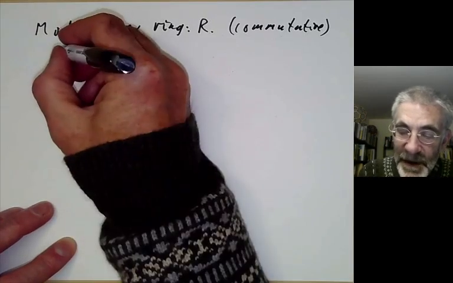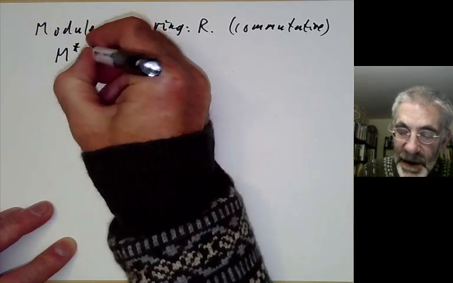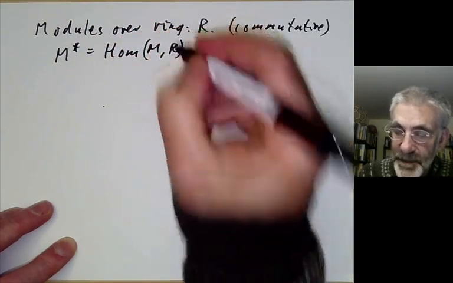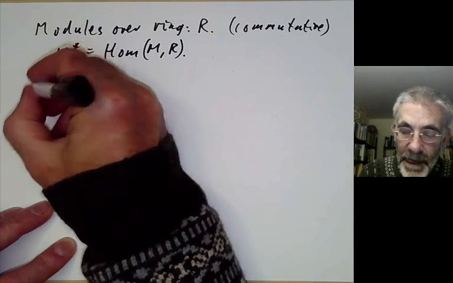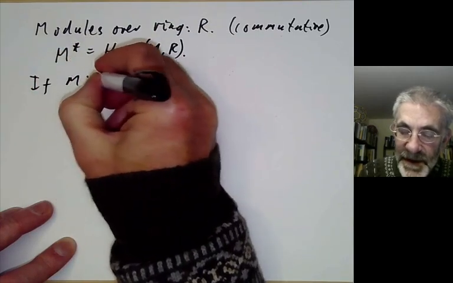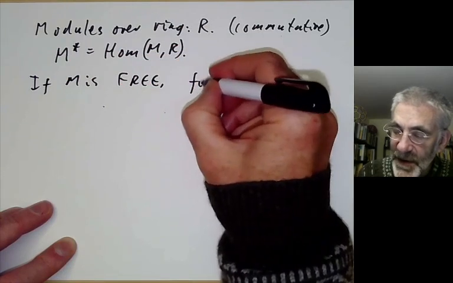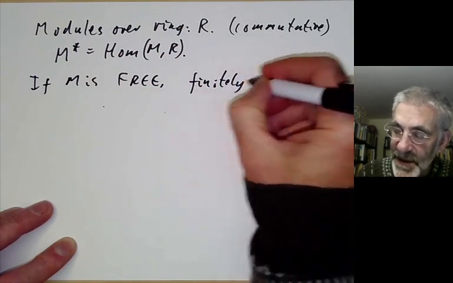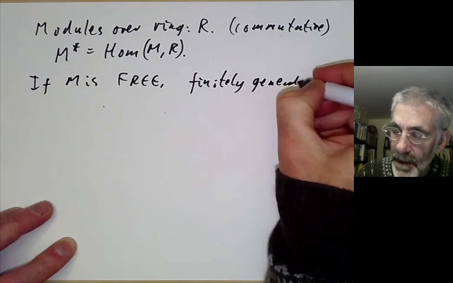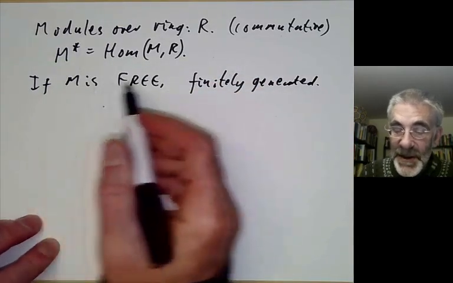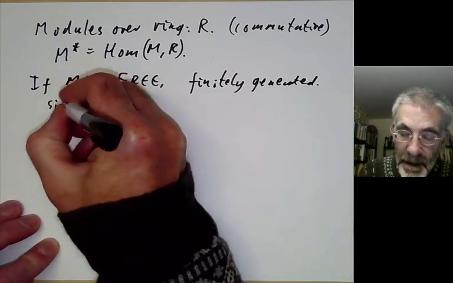First of all, we can define the dual of a module M to be Hom of M to R. And then if M is free and of finite rank or finitely generated, the theory is very much like vector spaces.